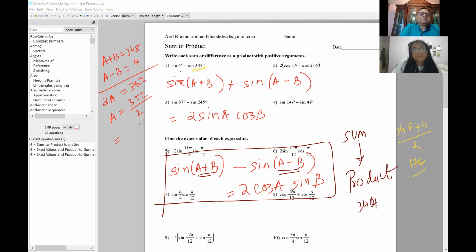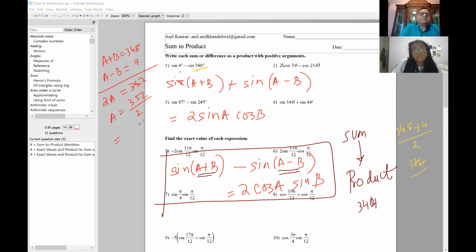So the question is to write each sum or difference as a product with positive arguments. That becomes a product of the two trigonometric functions. You get the idea? That is how you are going to do these questions. I'll share this video with you, so you have to do the rest of the questions using this.